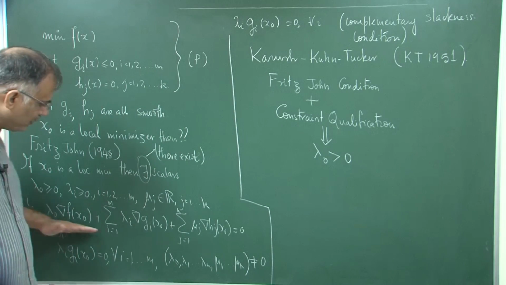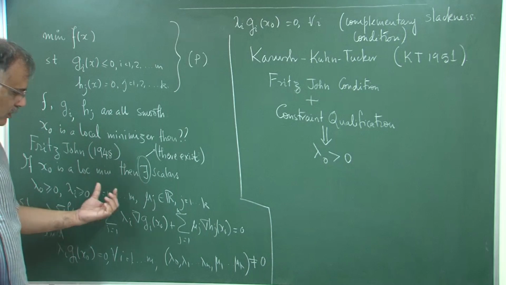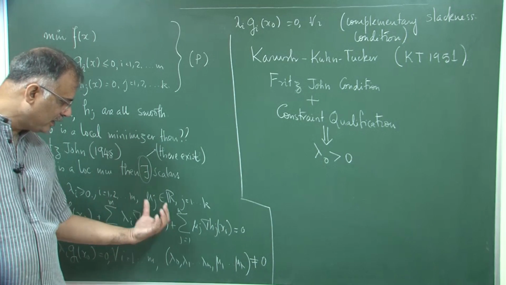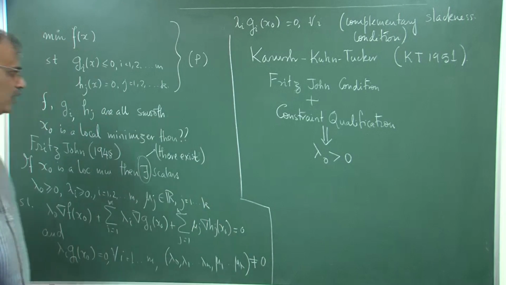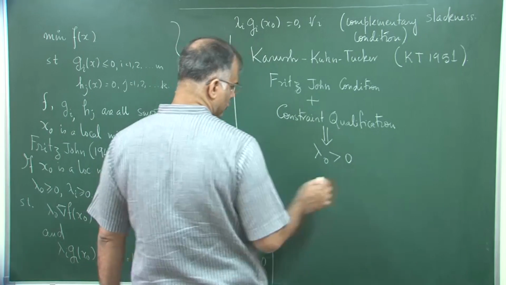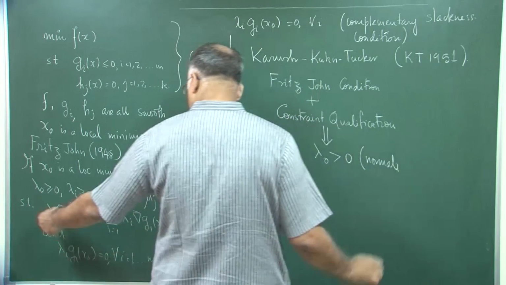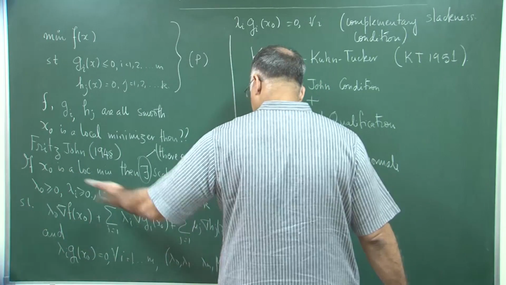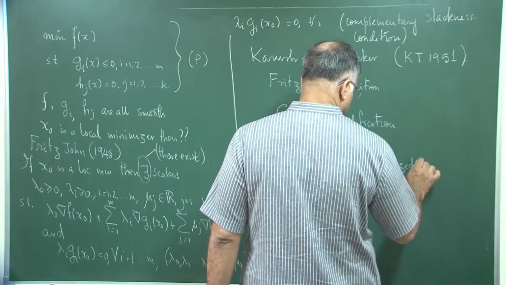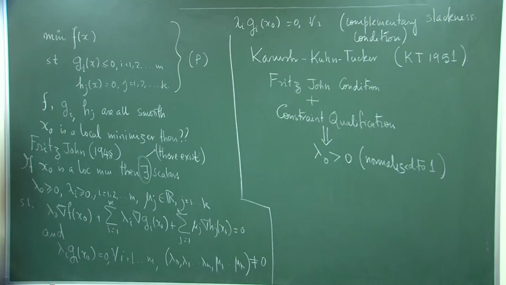And then you can divide everything by lambda naught, and then you get new multipliers where these conditions would be maintained, and the Kuhn-Tucker condition would look like grad f x naught plus lambda i dash grad g i x naught plus mu j dash grad h j x naught. So, this can be normalized to 1. Basically, once you know that lambda naught is strictly greater than 0, divide the whole thing on both sides by lambda naught. So, that is the Kuhn-Tucker condition. Fritz John condition plus a constraint qualification will give you this.